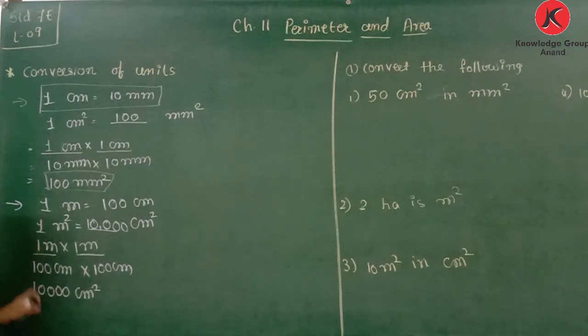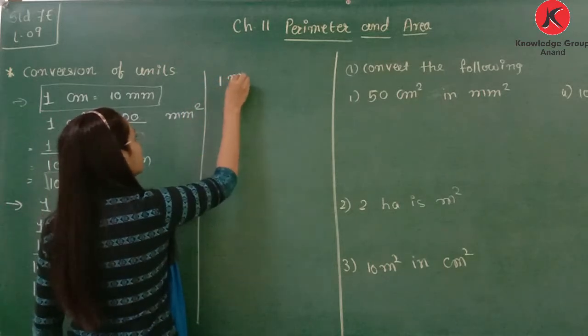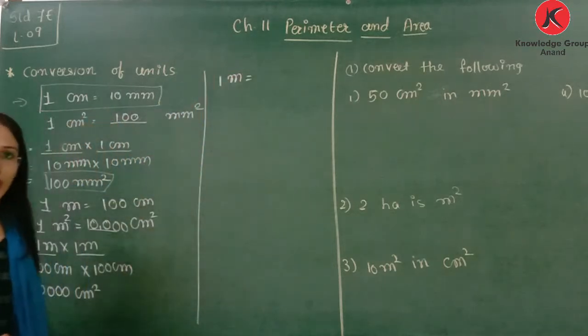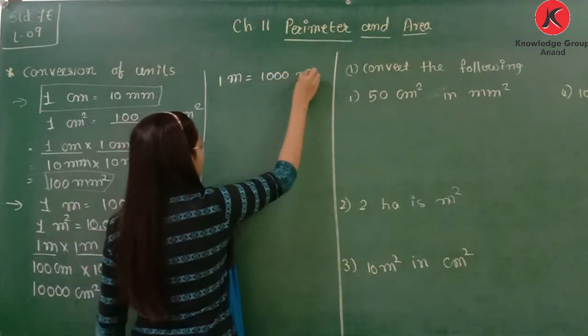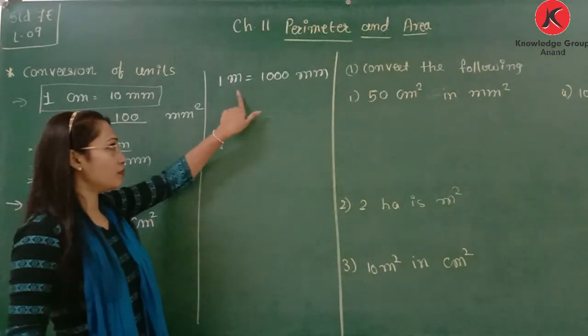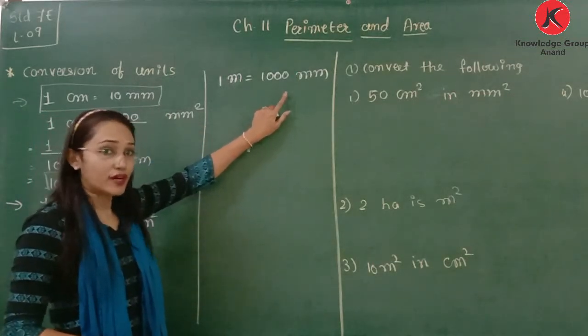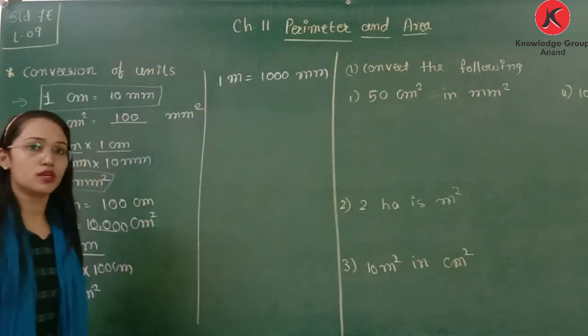Okay. You can also derive 1 meter square into mm square. So 1 meter is equal to how much mm? It is 1000 mm. Why? Because 1 meter is equal to 100 centimeter and 1 centimeter is equal to 10 mm. So that's why 1 meter is equal to 1000 mm.